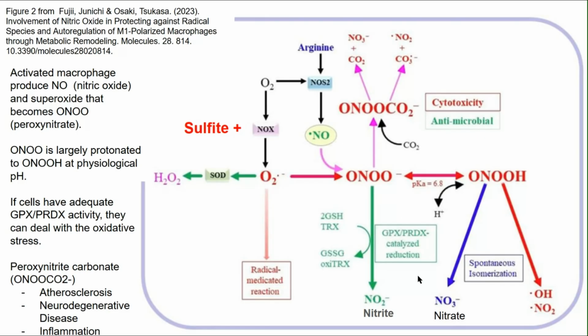And so if your cells do not have enough glutathione to be able to deal with the excess peroxynitrate, it's going to accumulate, and it can produce hydroxyl radicals. This particular compound, peroxynitrite carbonate, is also implicated in atherosclerosis, neurodegenerative disease, and chronic inflammatory disorders.